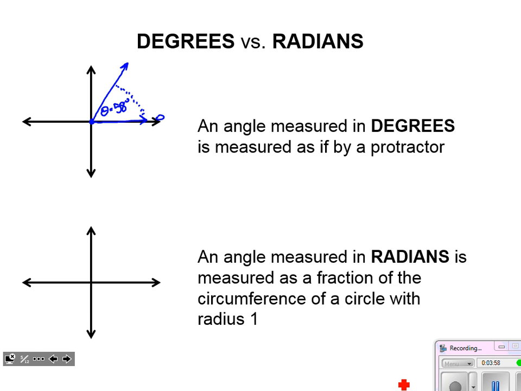So for a radian measure, if we have our initial side right here, and I were to go all the way around a full circle, the circumference equals 2 pi r. So if I'm on a radius of 1, the circumference is 2 pi. So if I move my terminal side, let's say right here, that would be 1, 2, 3, 4.